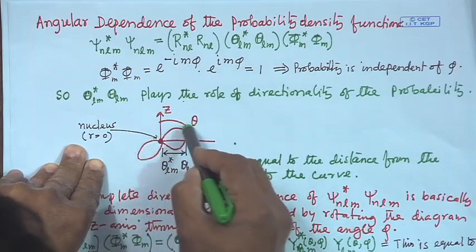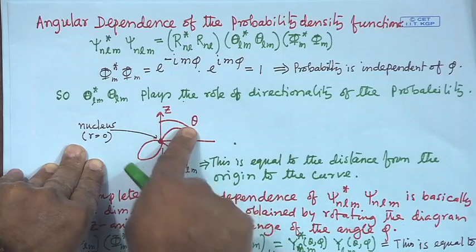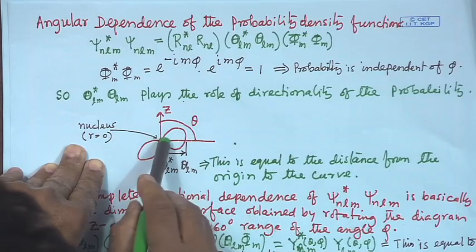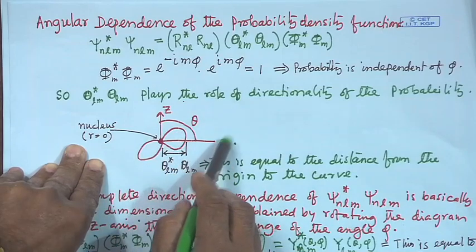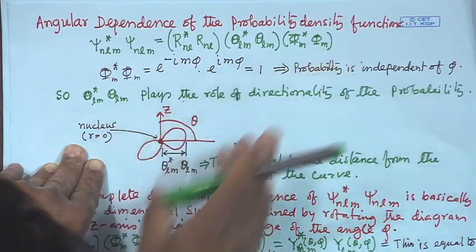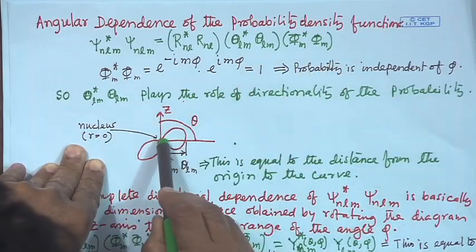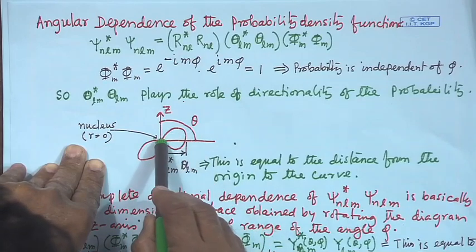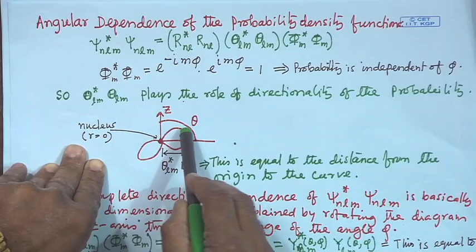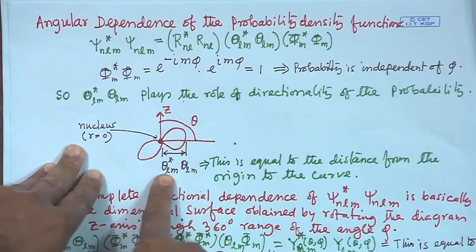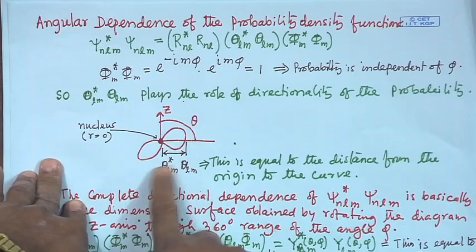So, at this angle, this distance, in this case it looks like 90 degree, but it is not necessary to be 90 degree, it can be any other angle. So, the distance from this nucleus to that point on the curve is basically phi theta Lm star theta Lm.